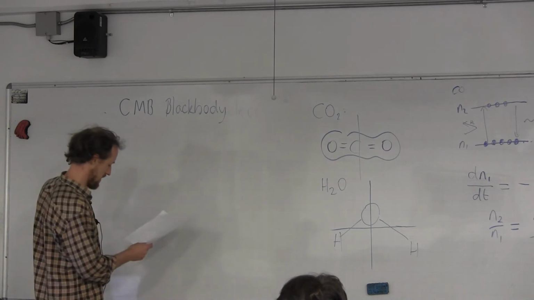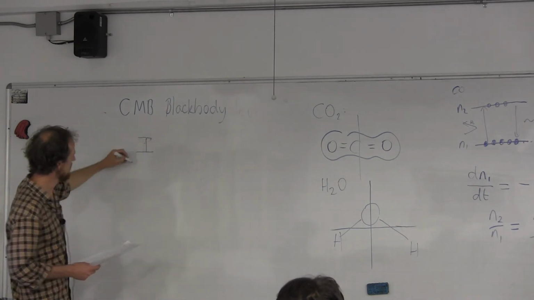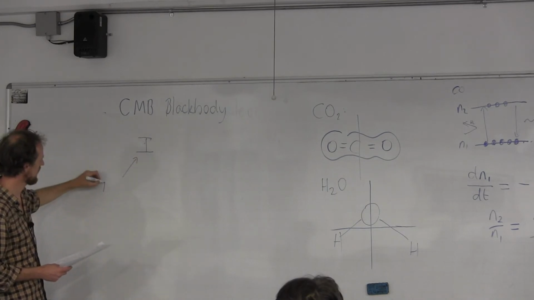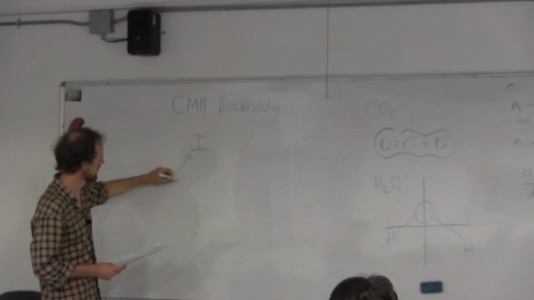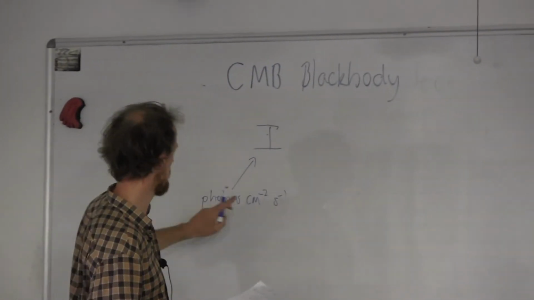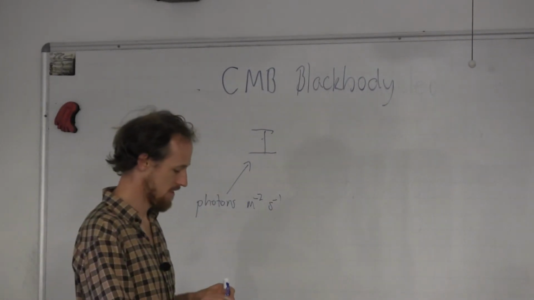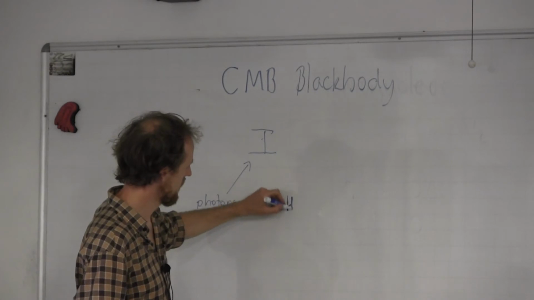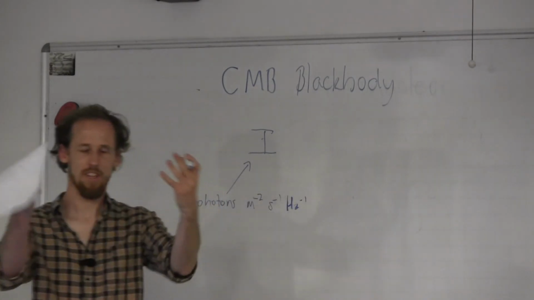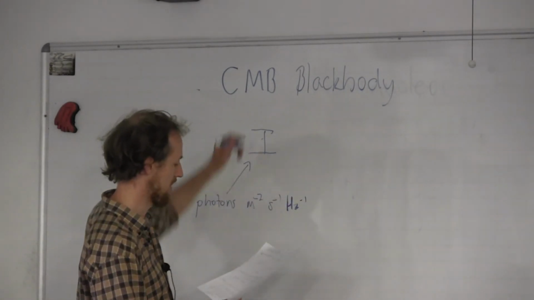And so the intensity of radiation, in this case, I'm going to say photons per meter squared per second, per hertz. This is the number of photons that will strike your face in 1 second, basically, which is not a lot from the cosmic microwave background.